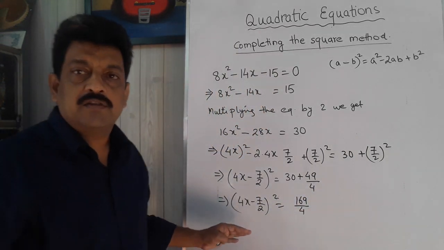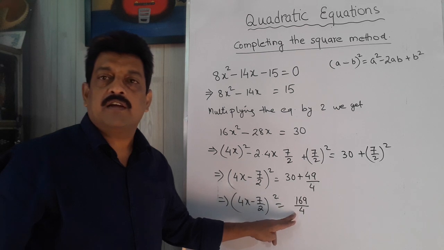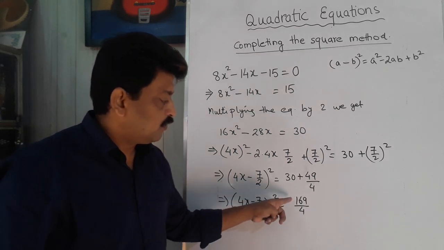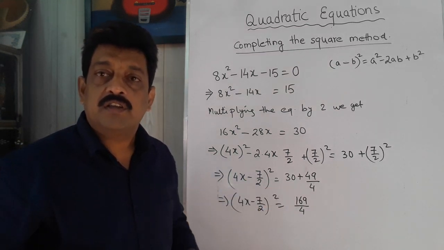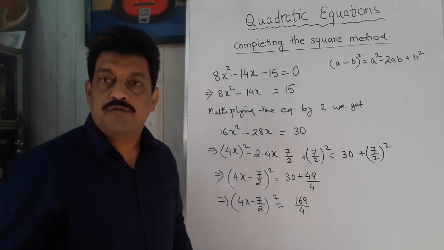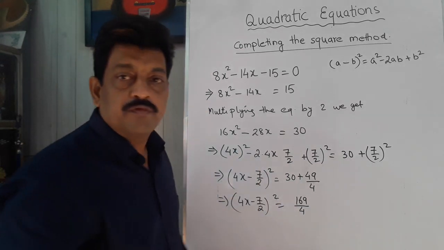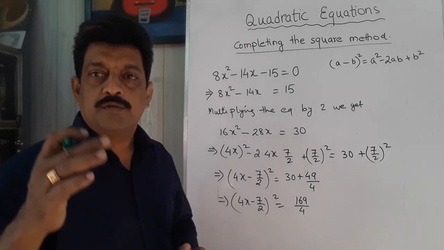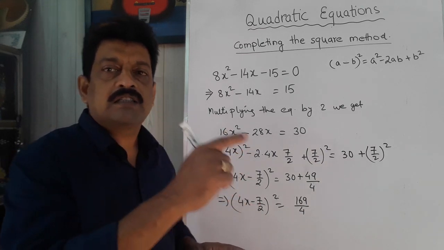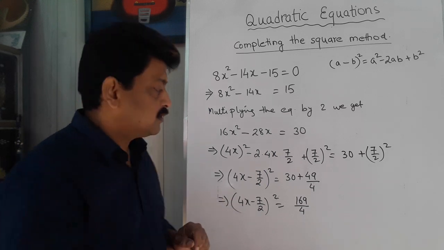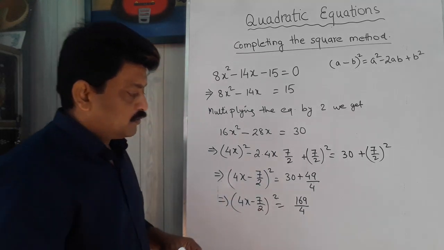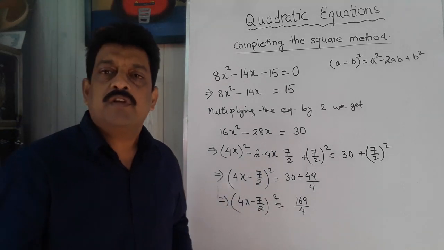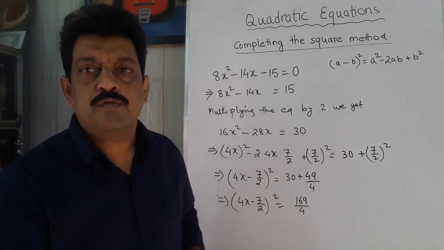Now the left hand side is already in the form of a square. We have to write the right hand side also in the form of a square. 169 is the square of 13 and 4 is the square of 2. So 169 upon 4 can be written in the form of (13 upon 2) whole square, plus minus both. Remember this, because the square of a positive is positive, and the square of a negative is also positive.